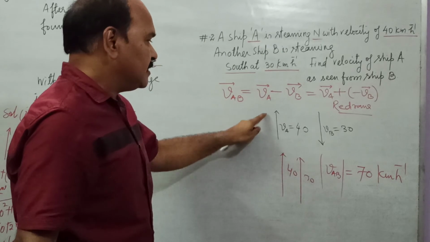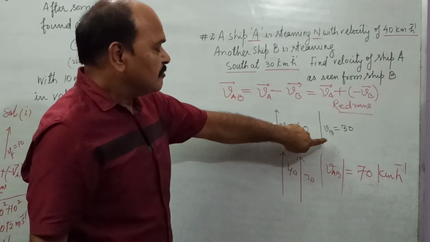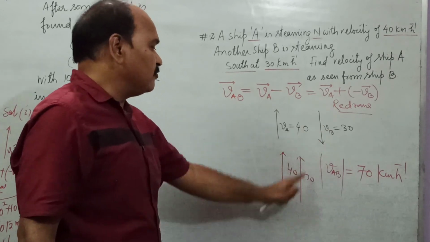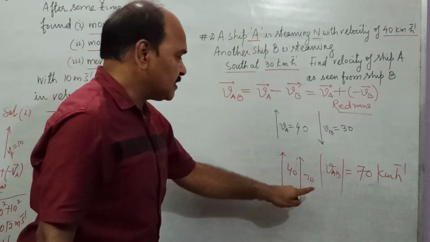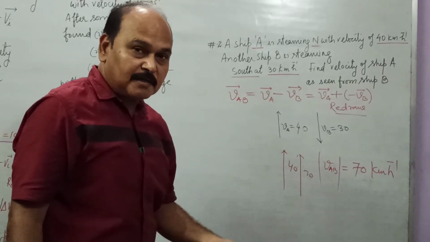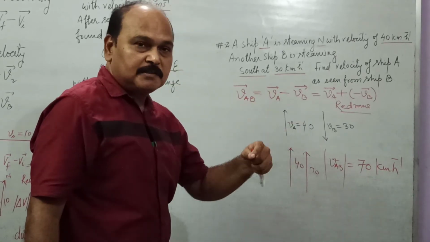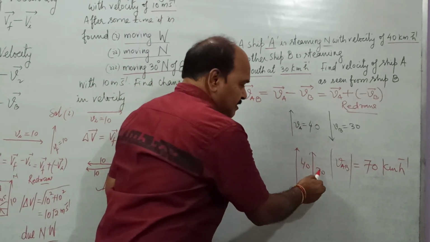This is 40 due north, but VB is due south, so minus VB would be due north. So both these vectors are parallel to each other. Their sum would be their simple sum, and the direction would be the same as either of the two vectors. So the simple sum is going to be 70.